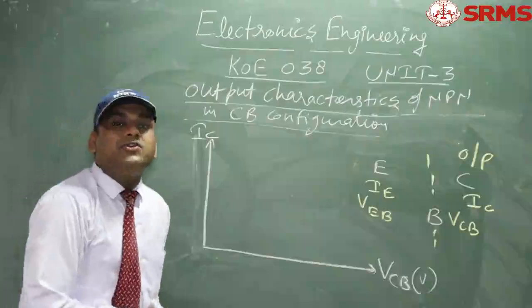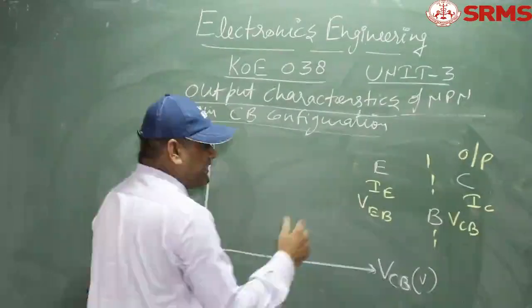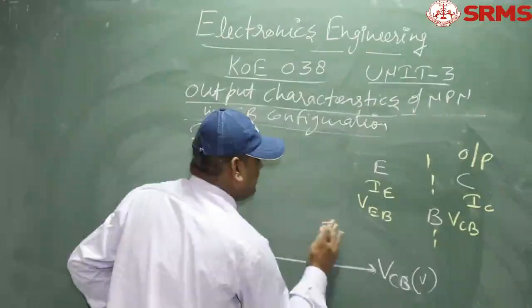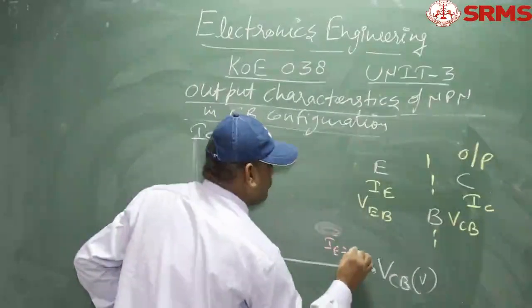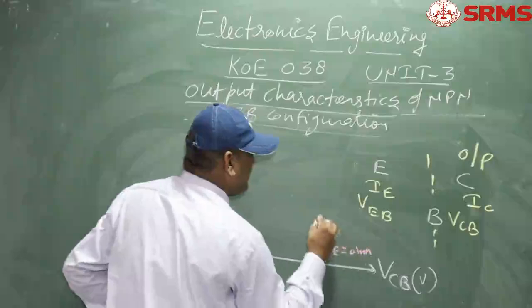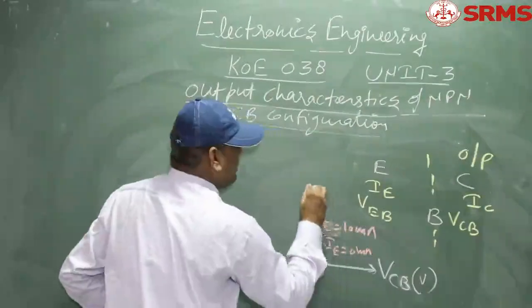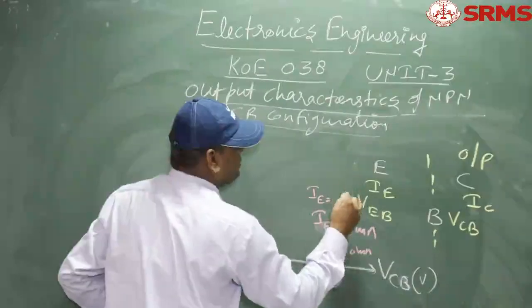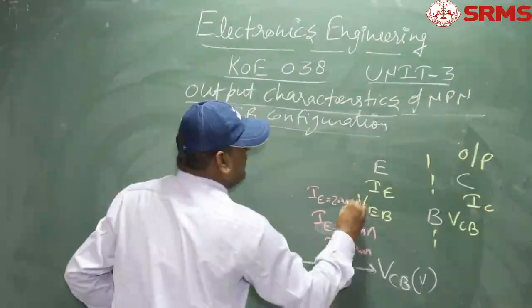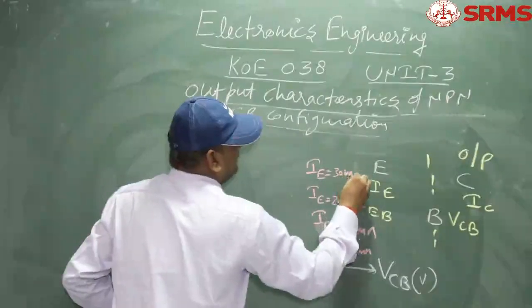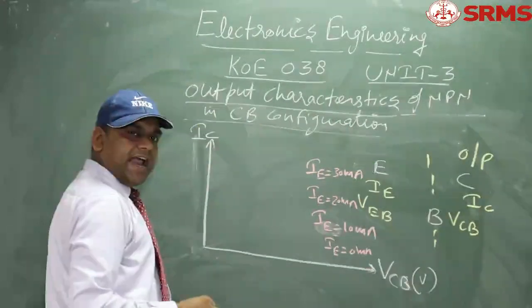For the given value of input current, and the input current is IE. So let us assume here IE is equal to 0 milliampere, IE equal to 10 milliampere, IE is equal to 20 milliampere, IE is equal to 30 milliampere. Is that clear?